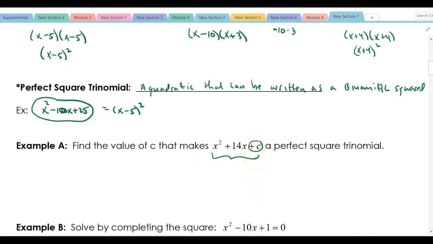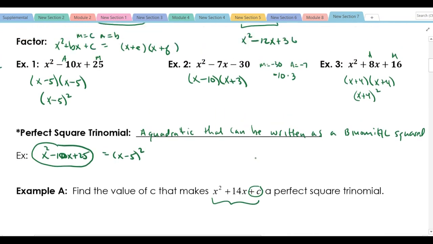When we look up above, x squared minus 10x plus 25 is a perfect square trinomial, and x squared plus 8x plus 16 is a perfect square trinomial. What could I do to get 25, and what could I do to get 16?